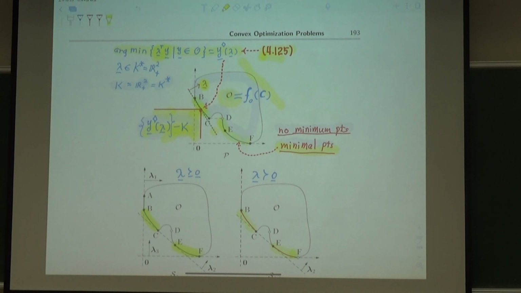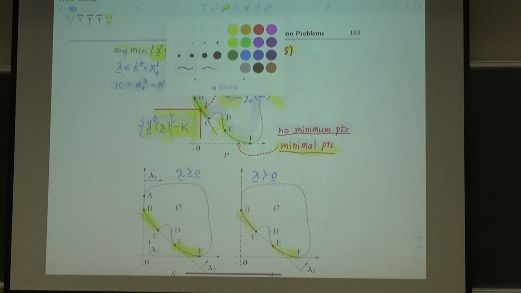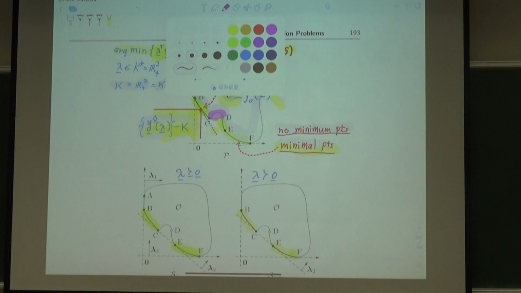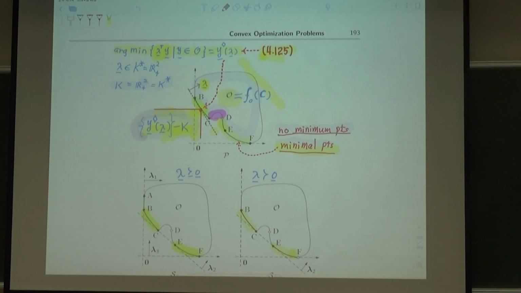From D to F. This is not... they are not minimal points, because if you shift this set to here, then this point will be smaller than D. So this pink color part is not minimal points.